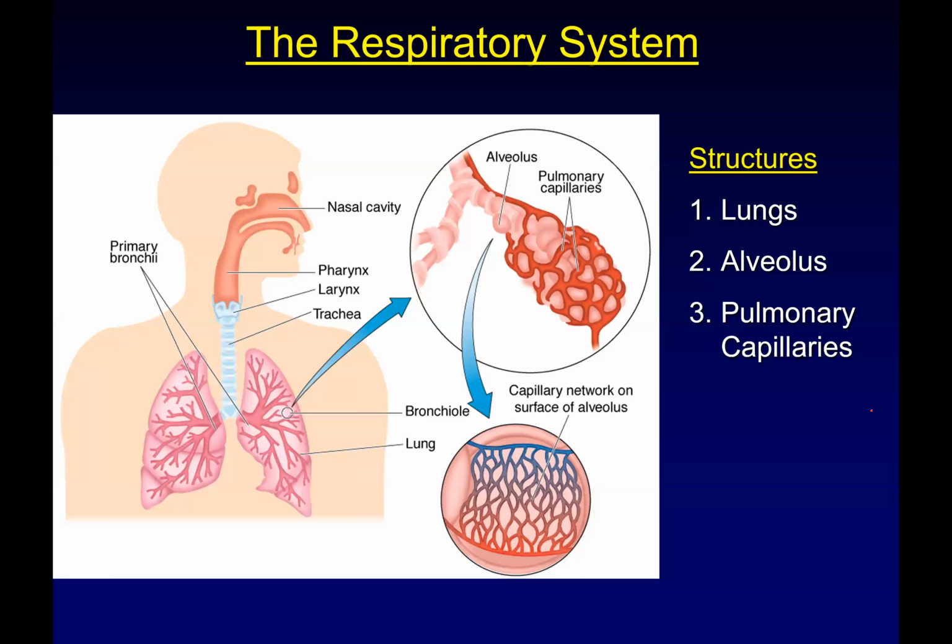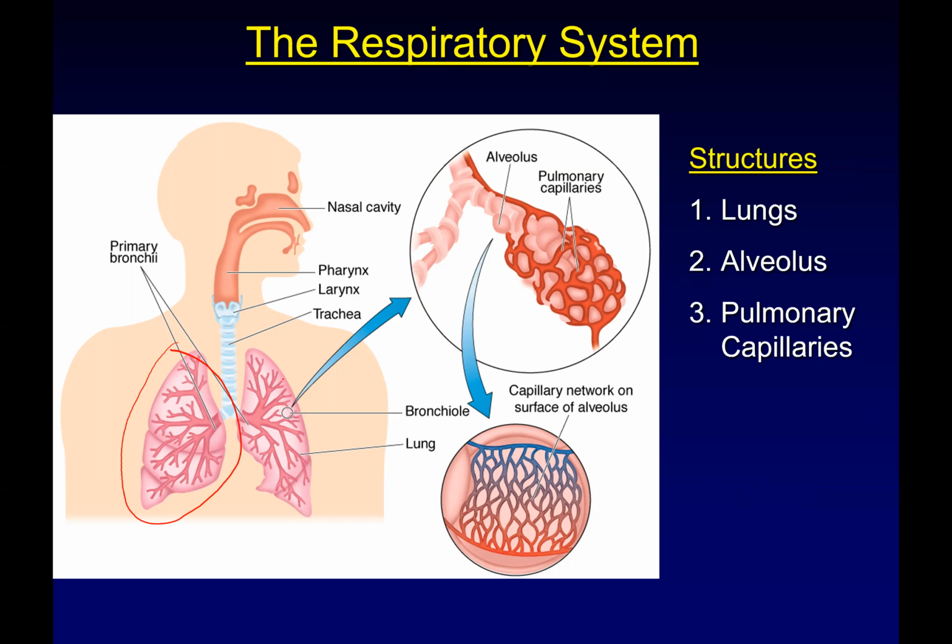Okay. So in our respiratory or pulmonary system, our primary structures are going to be the lungs, and then the alveoli, which are the small air sacs that are part of the lungs, and then the pulmonary capillaries that surround all of those. As you can see in our picture here, we have our big structure, which is the lungs.